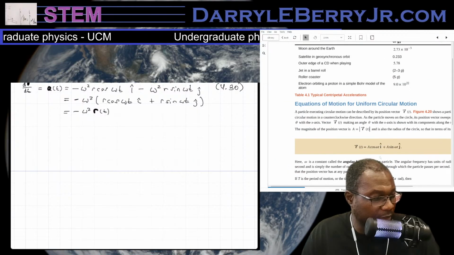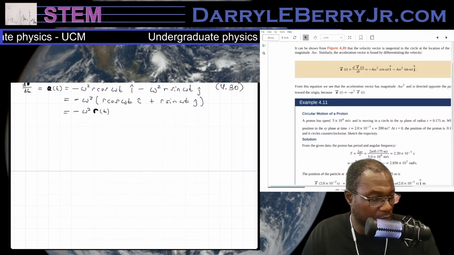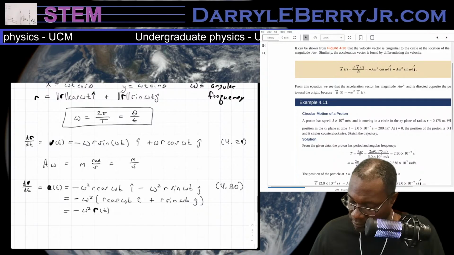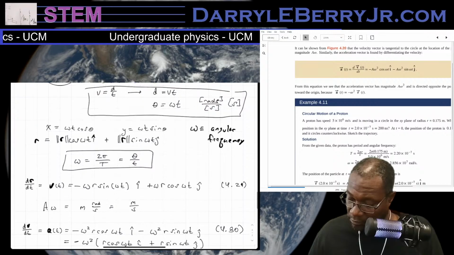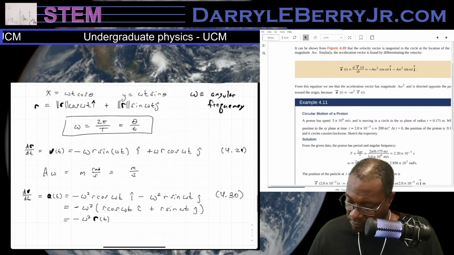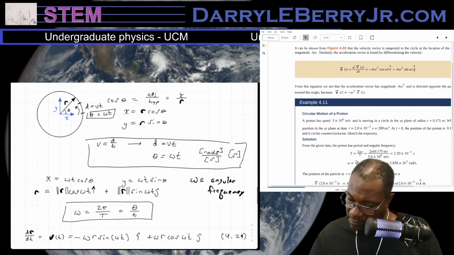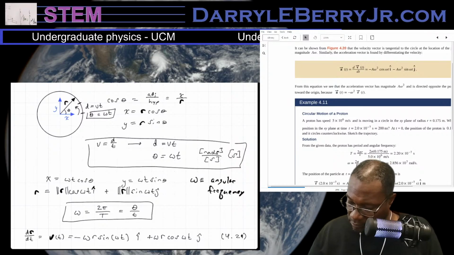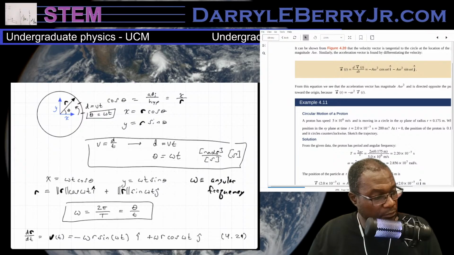Right here, did they say omega's velocity over radius? Angular frequency. v is d over t. What is velocity over radius? Radians.